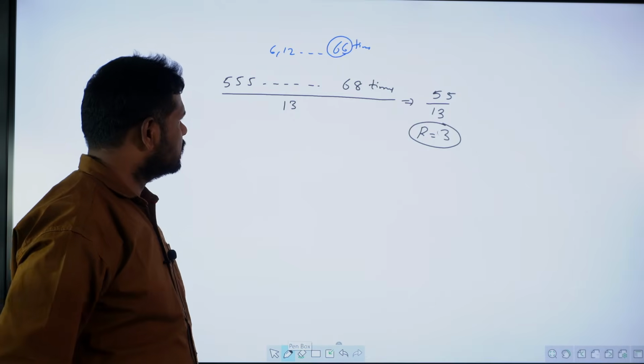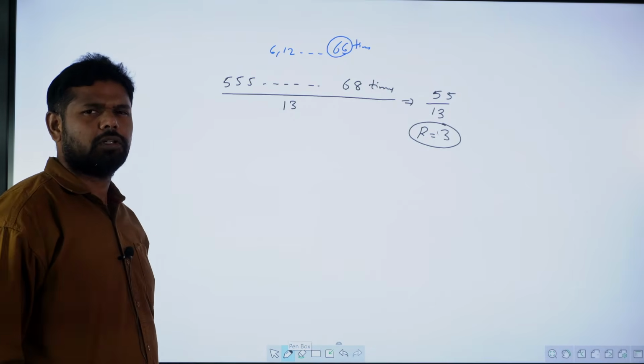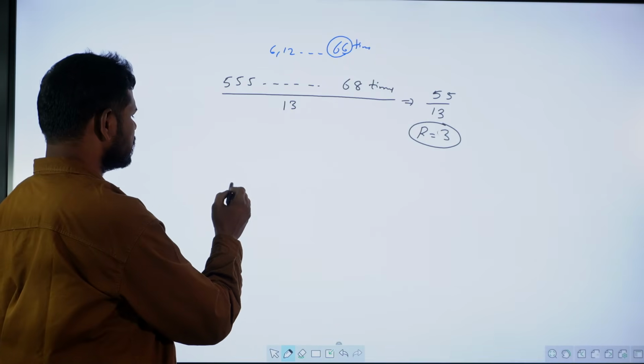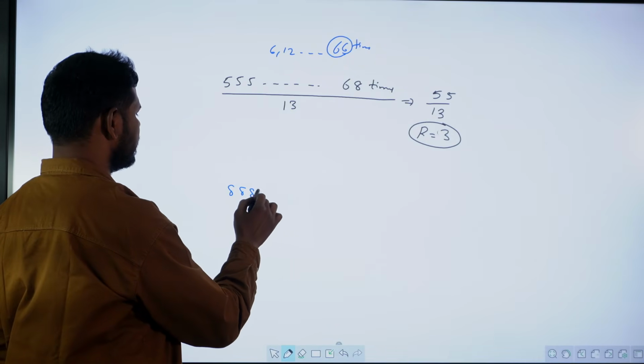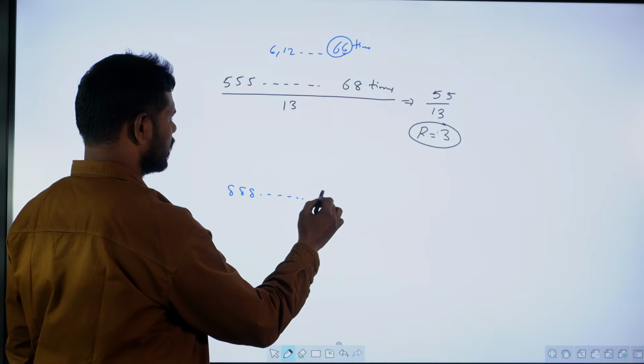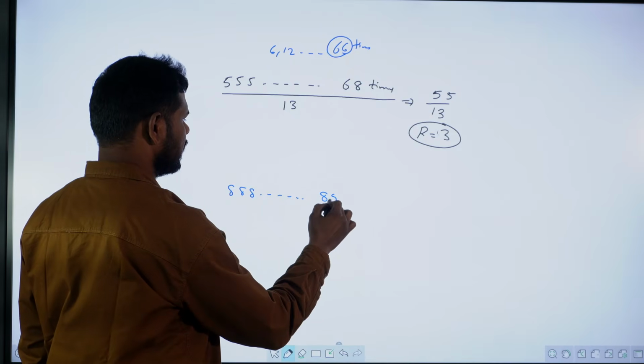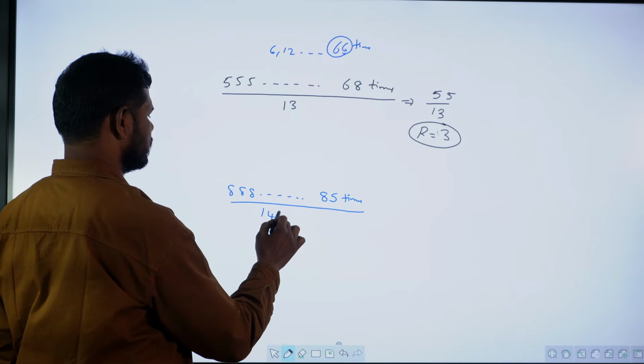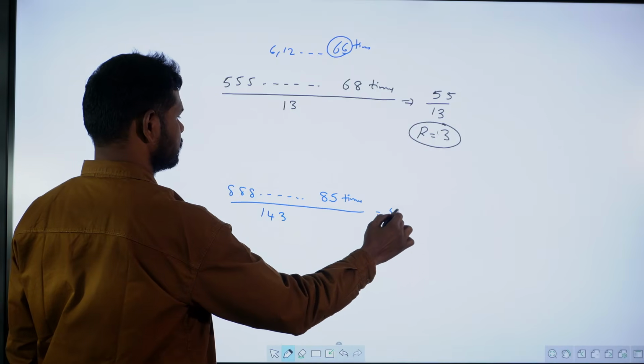So like that we solve any question, no doubt. Suppose 8, 8, 8, 8 and so on up to 85 times is divided by 143. What is the remainder?